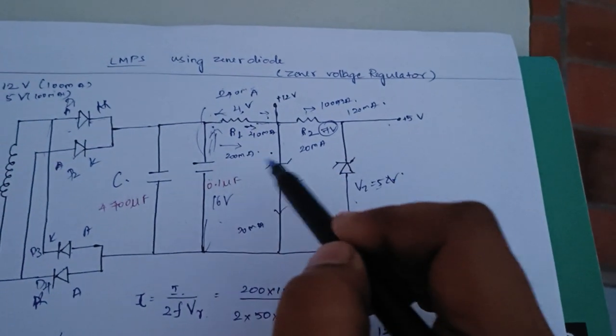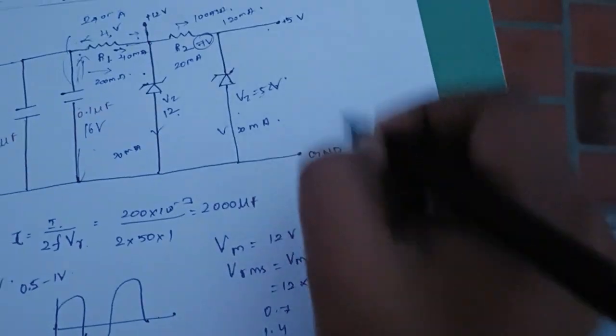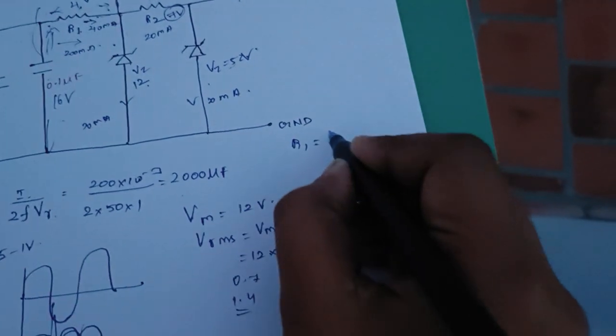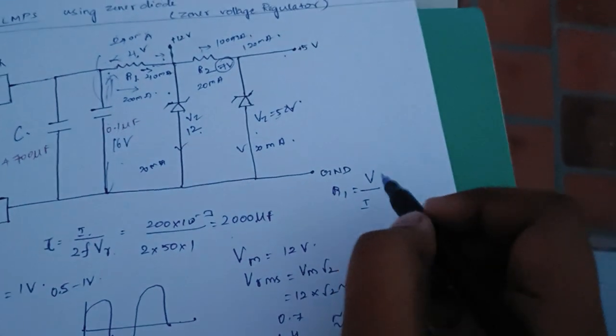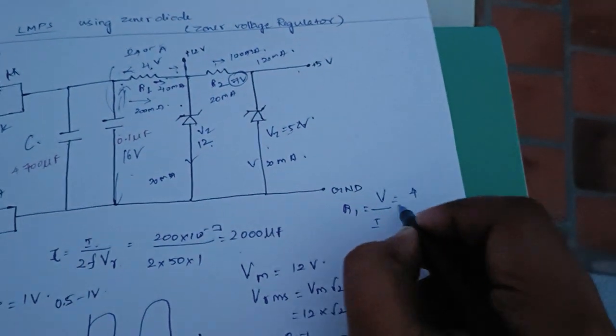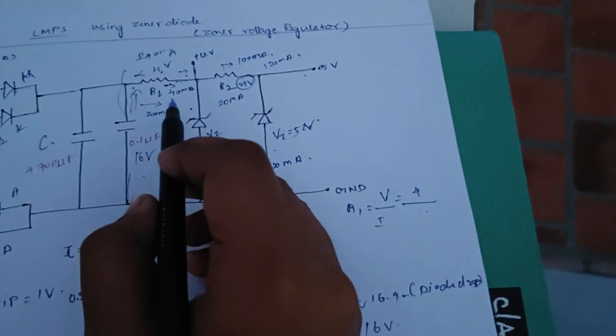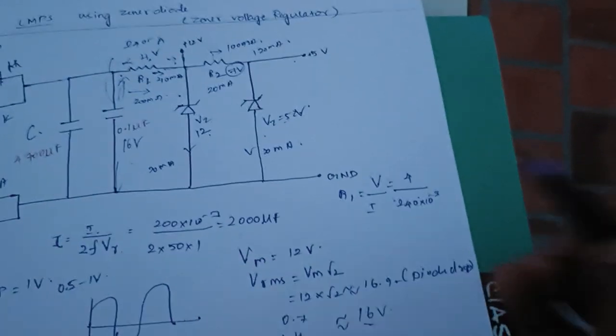Then now we are going to calculate the values of R1 and R2. So how will we calculate R1? Generally we know R is equal to V by I. Here the voltage across the first resistor is 4 volt, and the current across it is 240 milliamps.